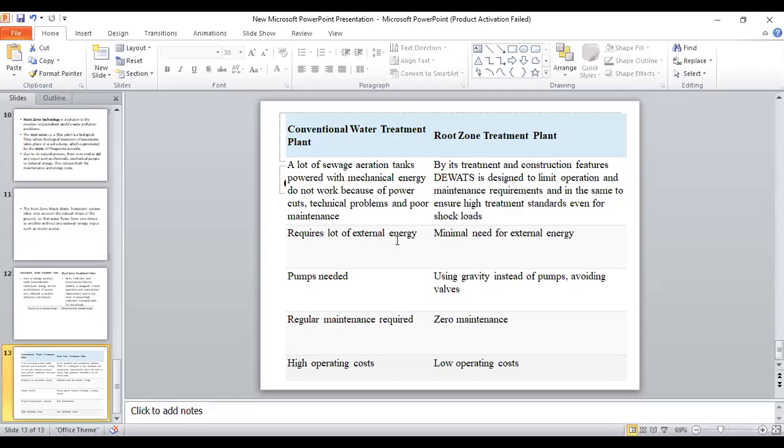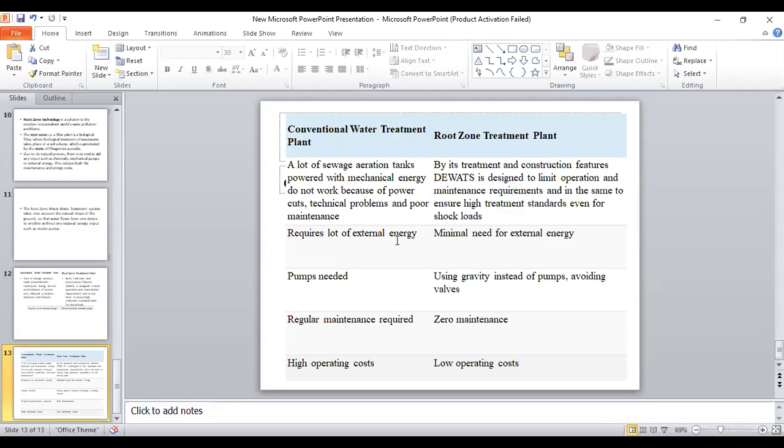Sometimes the culture developed in that tank gets disturbed and takes a lot of time to be re-established. But in root zone technology, that problem will not arise. It is sustainable enough to absorb the shock load of a sudden increase in the quantity or intensity of sewage.